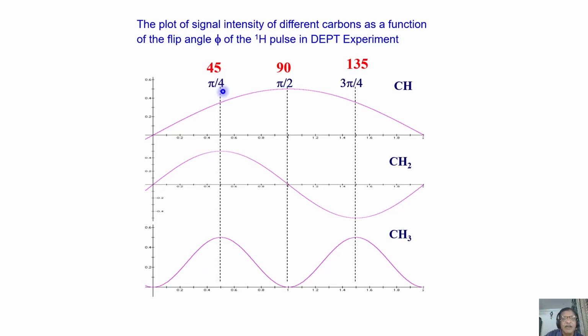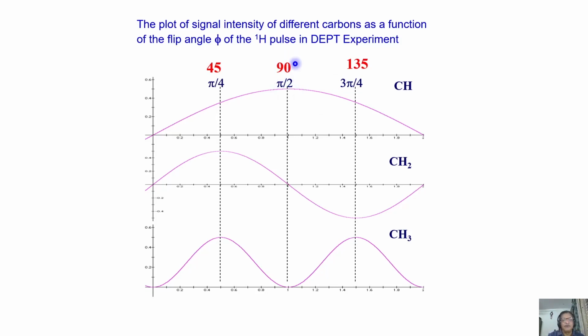Fine. Now I will take an experiment with 90 degree phi angle. Very interesting thing happens. You see that the intensity of CH2 carbon becomes 0, intensity of CH3 carbon becomes 0, whereas CH carbon is positive. Well, there's one way to identify. I take this molecule with different carbons, I do a DEPT experiment, keeping the flip angle of the pulse as 90 degree.